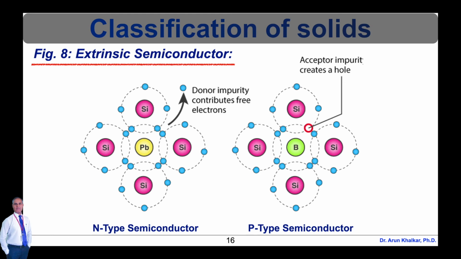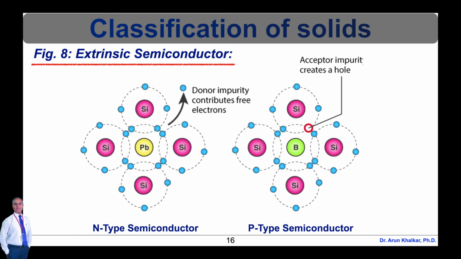An extrinsic semiconductor can be further classified into N-type semiconductor and P-type semiconductor. All these details we have already discussed in the previous block diagram. Therefore, for the N-type semiconductor, let's see in detail majority electrons and minority holes.